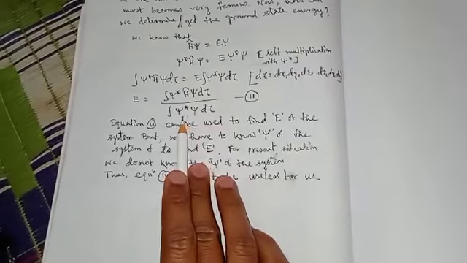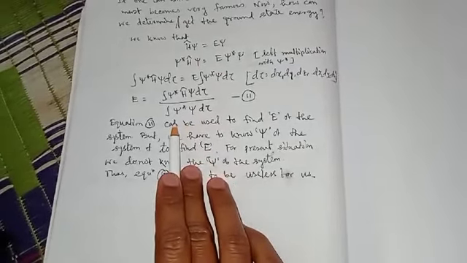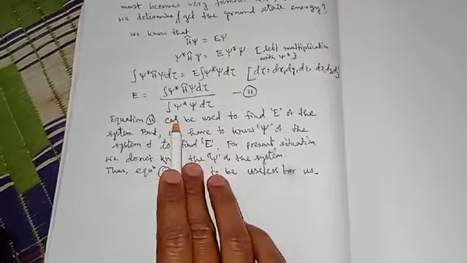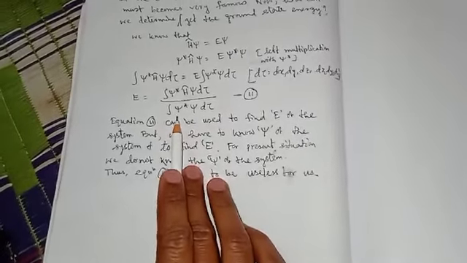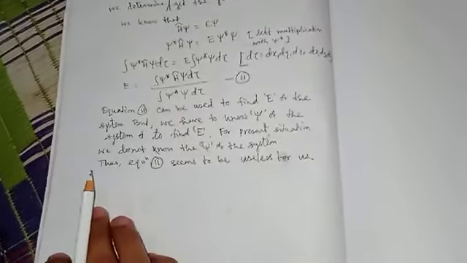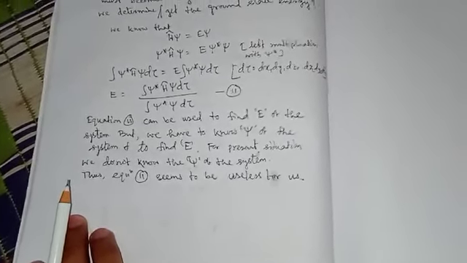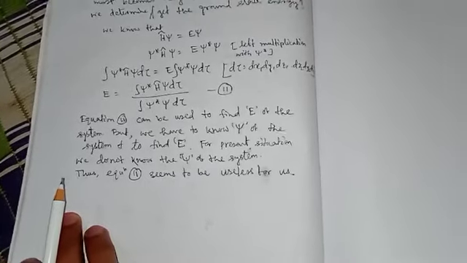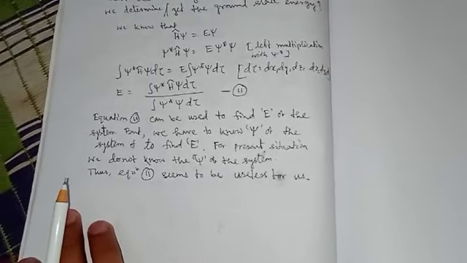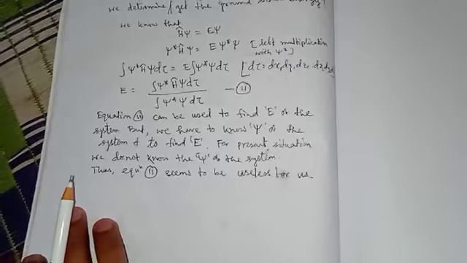There will be some method, and we will look at this very soon. Basically, when we solve the Schrodinger equation, we get two things from it. One is the wave function and another is the energy.